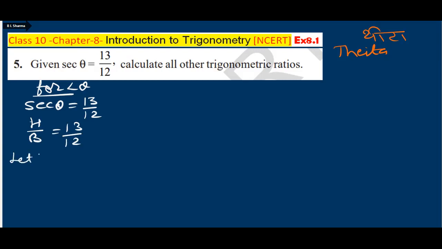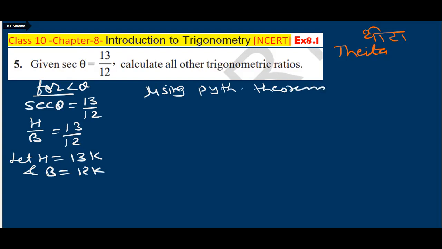So let hypotenuse be 13K unit, then base will be 12K unit. Using Pythagoras theorem, we know that perpendicular square is equal to hypotenuse square minus base square.